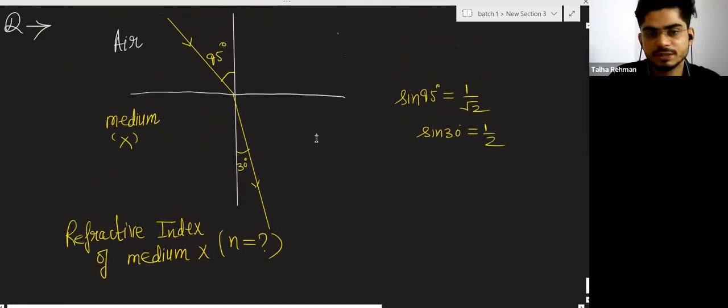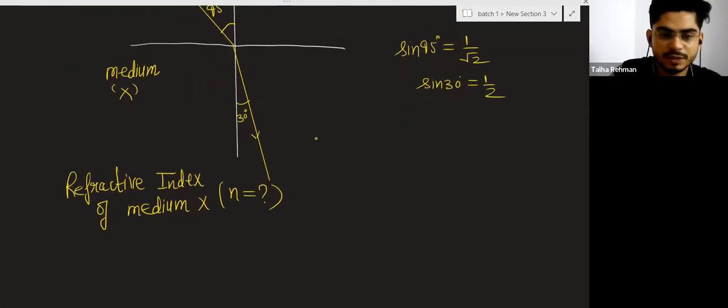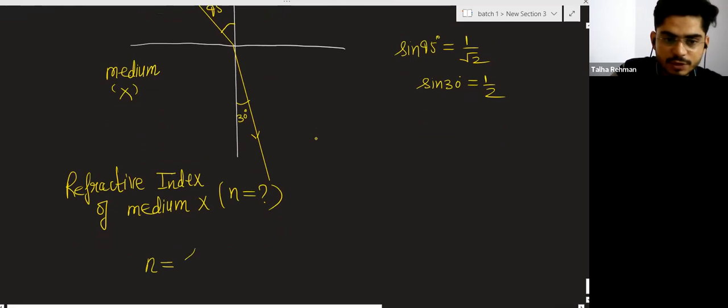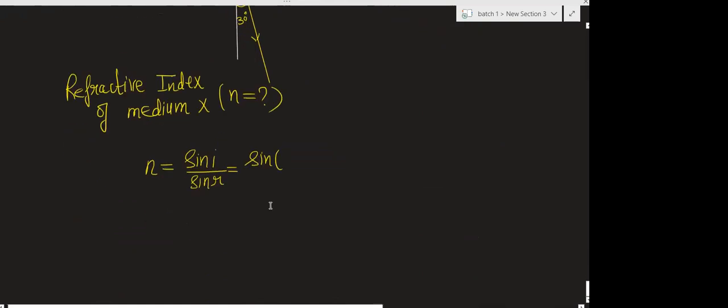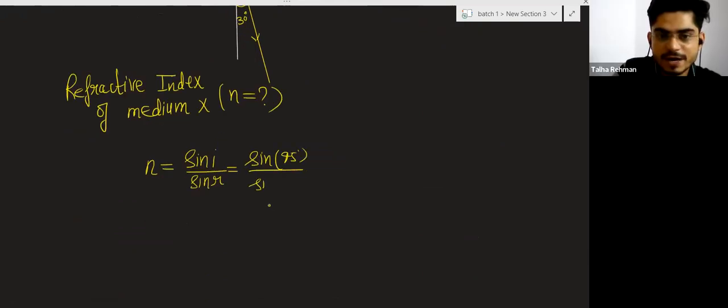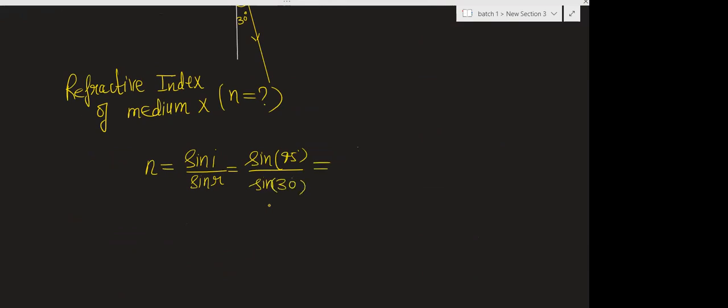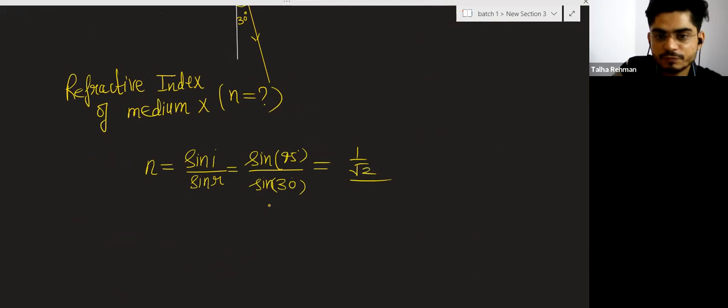Okay, let's see, Hamna. I am solving. Refractive index is equal to sine of i divided by sine of r. Sine of i here is 45 degrees, and sine of r is 30 degrees, given. I have told you the values of sine 45 and sine 30.